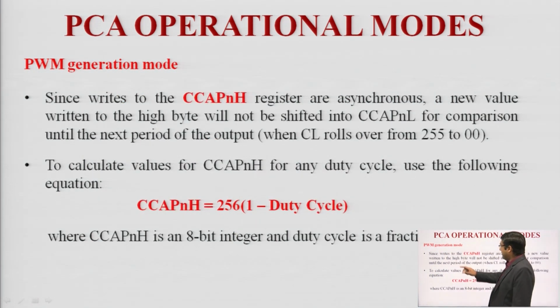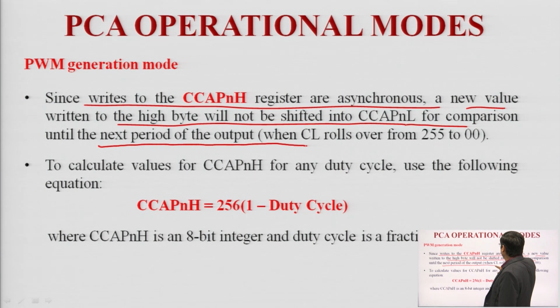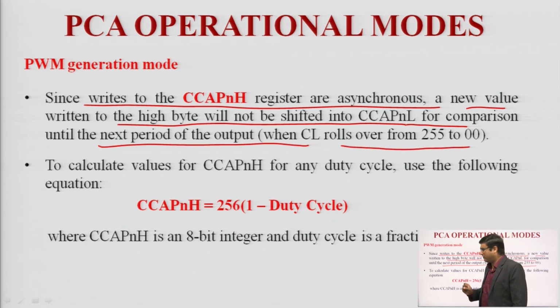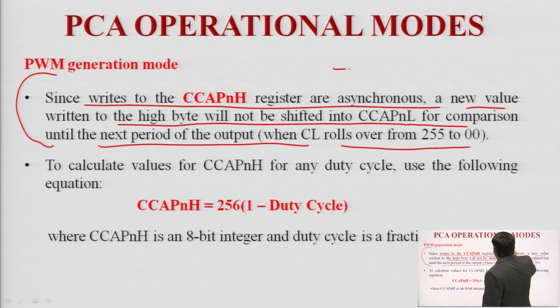Okay, since writes to the CCAPnH register are asynchronous, a new value written to the high byte will not be shifted into the CCAPnH for comparison until the next period of the output, when CL rolls over from 255 to 0. What does this particular paragraph represent? This represents that when we are generating the output, the value goes from 0 to 255.